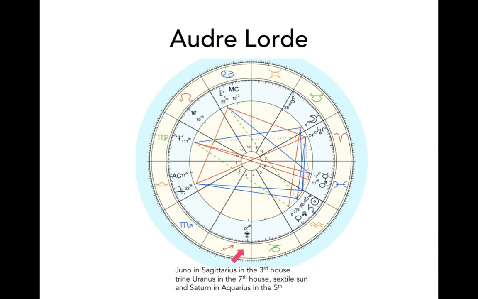Her Juno also sextiles everything in her 5th house, but most potently her Sun and Saturn.